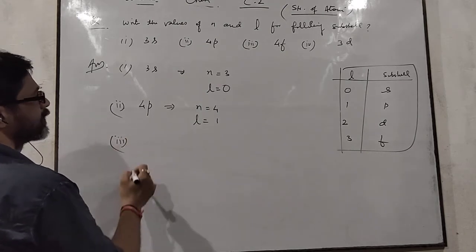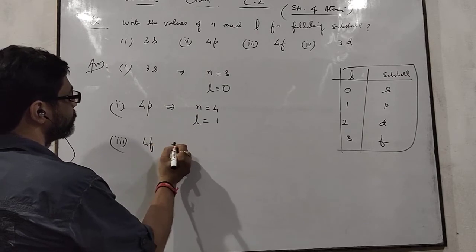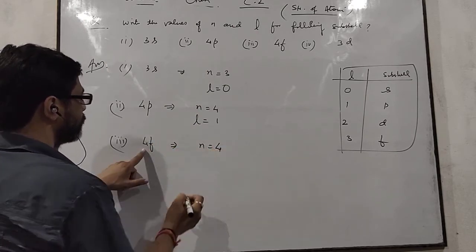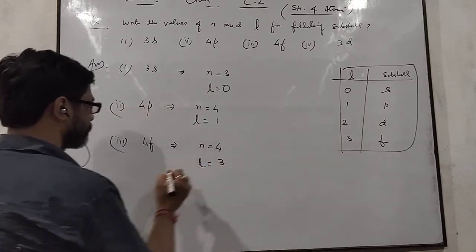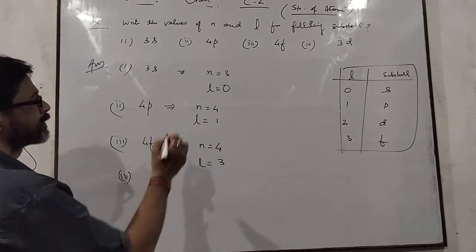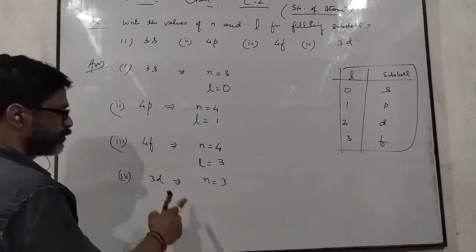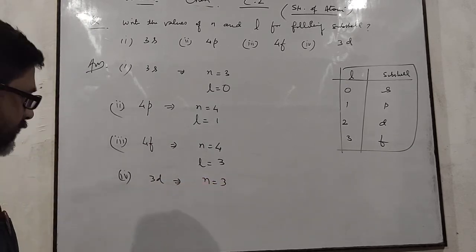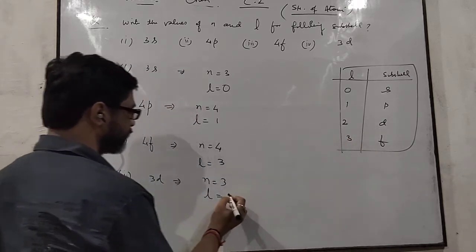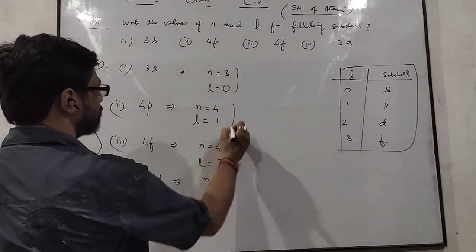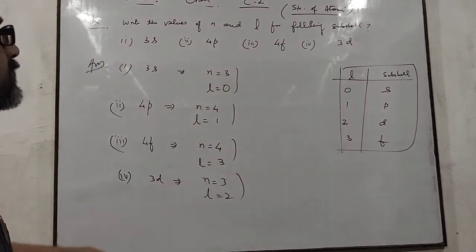Third one is 4f, the value of n will be 4, the value of l will be 3. Fourth, 3d. The value of n will be 3 and the value of l, for d subshell, will be 2. These are the values of n and l for the following subshells.